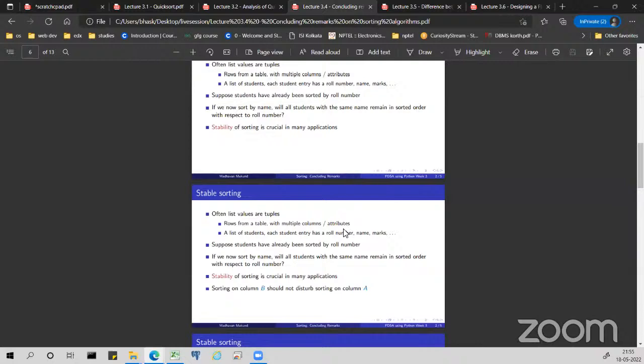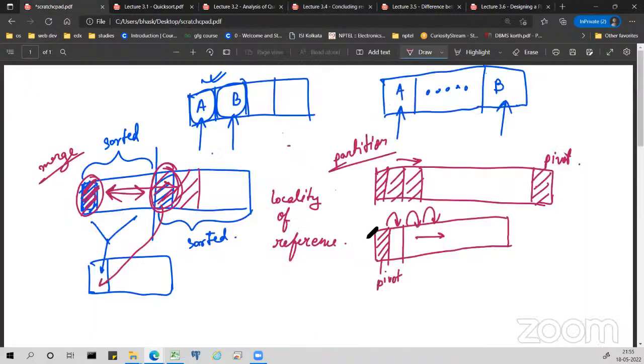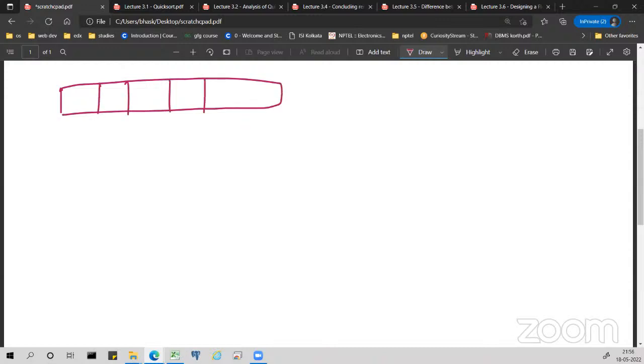See, what stability means is, let me just explain: what do we mean by a stable sorting algorithm? Let's say I have a collection of data in which I have repeated values, say 6 and 6.